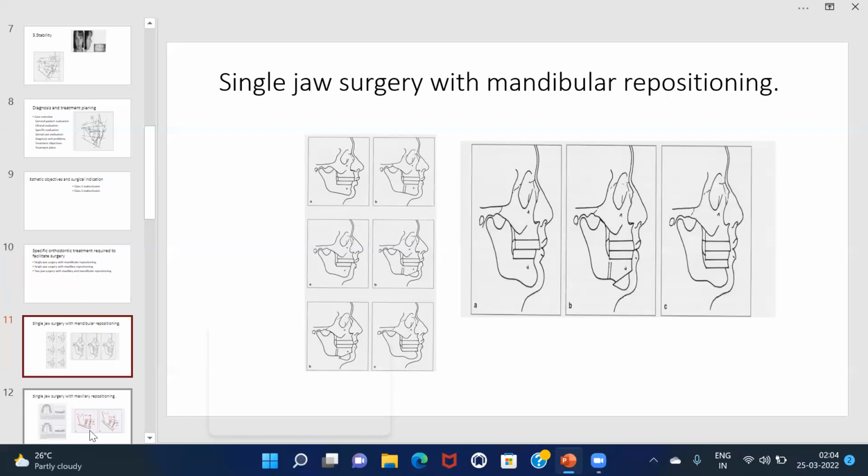In the figure, in A, a class 2 malocclusion and a mandibular anteroposterior deficiency. In B, the orthodontically prepared maxillary arch and a favorable position of the mandibular incisors allow the surgeon to advance the mandible into a class 1 malocclusion and an ideal aesthetic position.